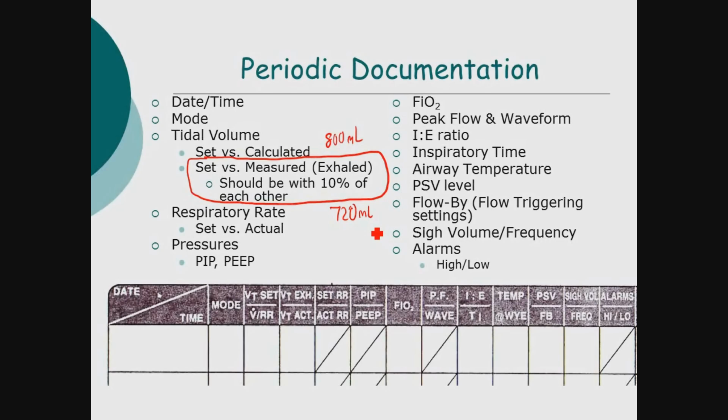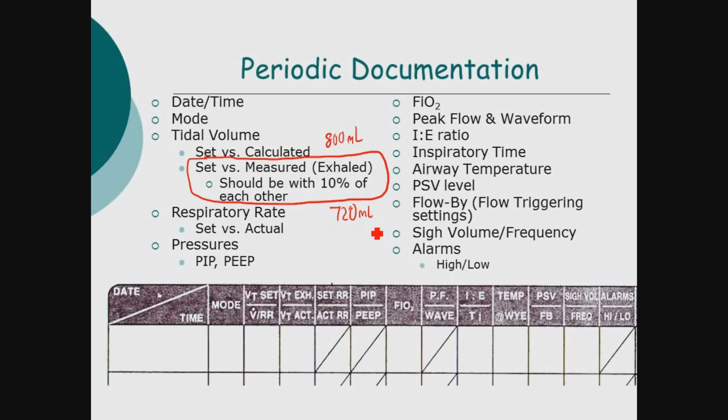Especially with COPD patients, I don't know how they do it necessarily, but if I put 800 in, I may get 700 back. Where'd the other 100 go? Well, they kind of trapped it. And periodically, they just take a bigger breath and dump. You'll see an exhaled tidal volume of a liter that they kind of have saved up like squirrels with nuts in their cheek, and eventually they spit it out.